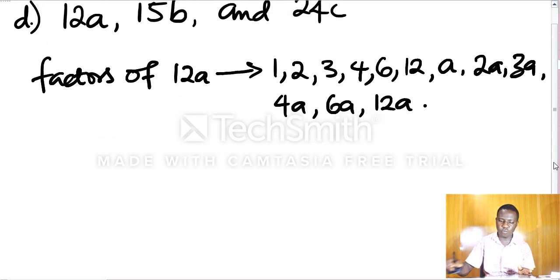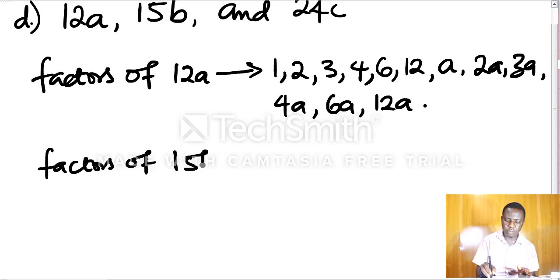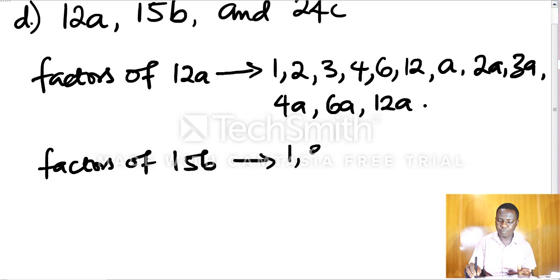Also for 15b, the factors of 15b will include 1, 3, 5, 15. These are the factors of 15. Also, b is common.